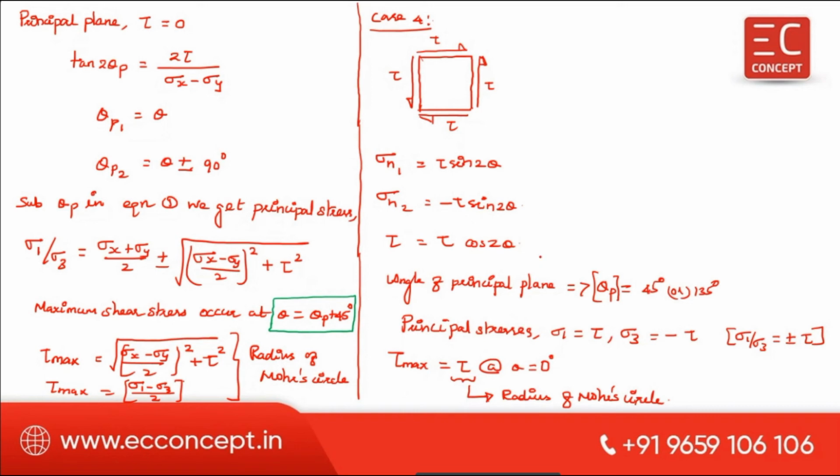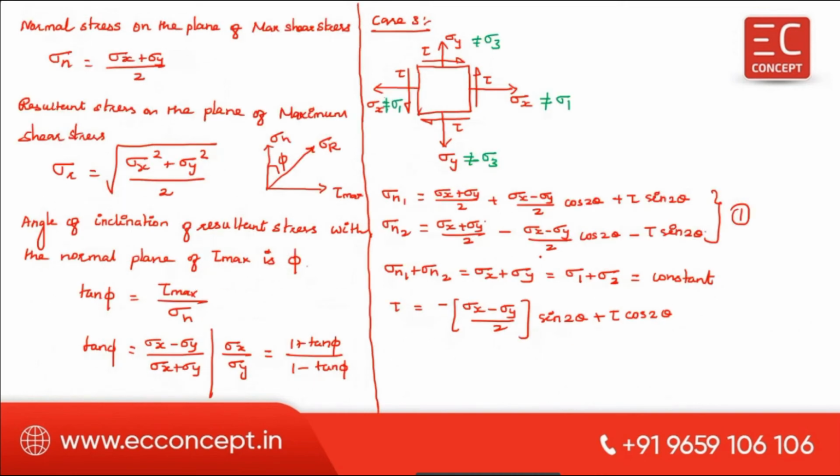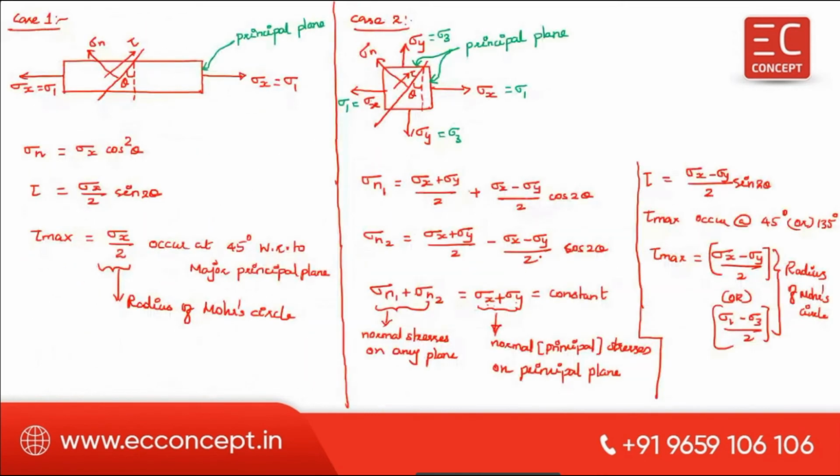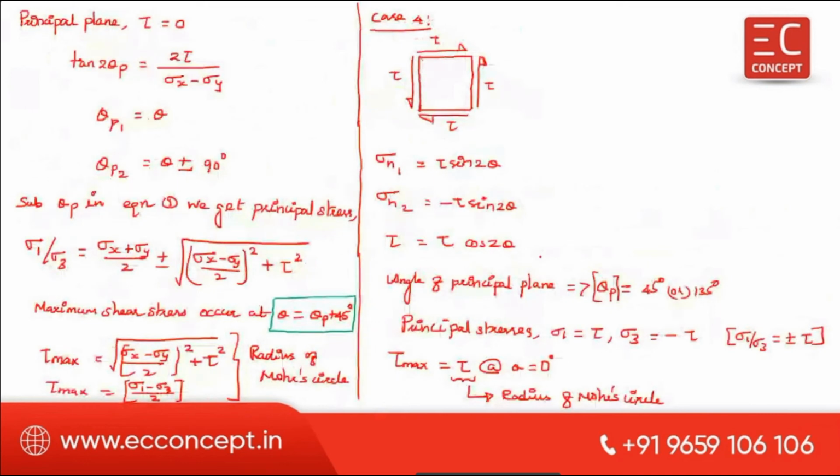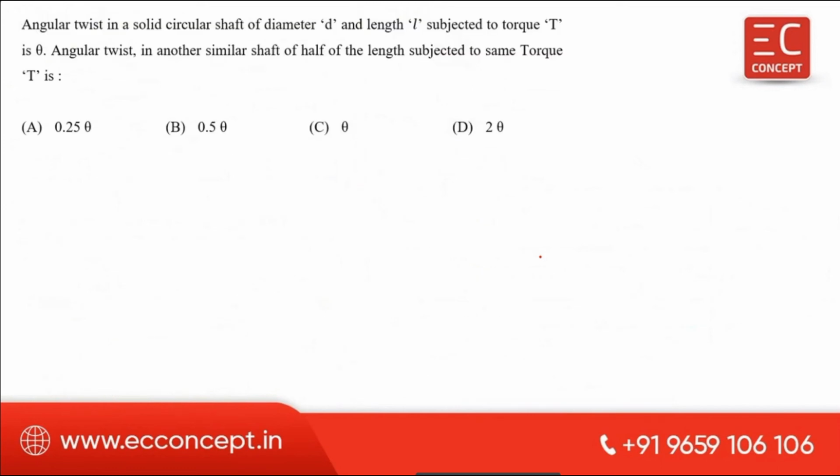So with that we have seen the important points regarding the principal stresses. These 3 slides are enough for your examination perspective. You have to go through this 3 to 4 times. That is enough. You will be able to attend a question.